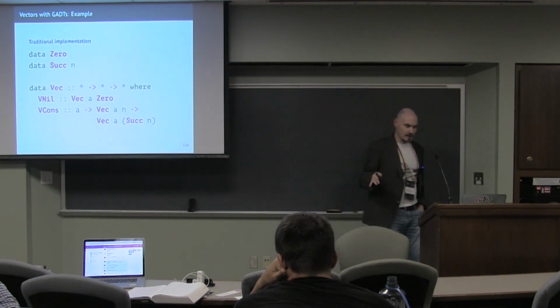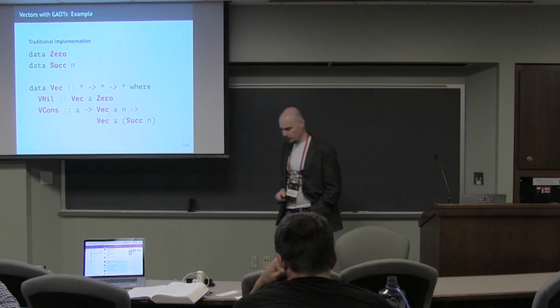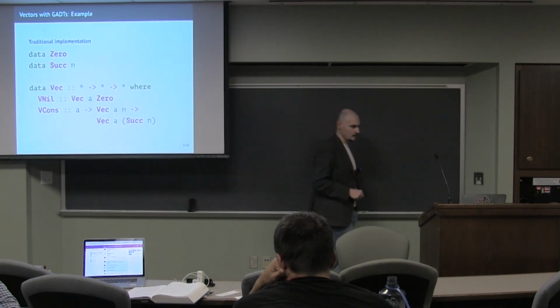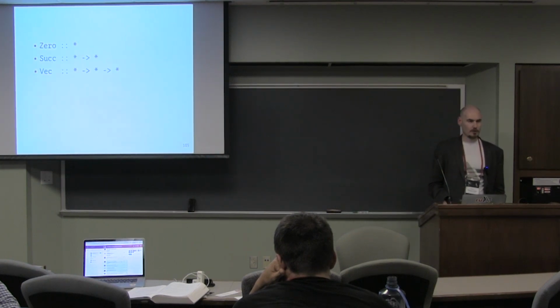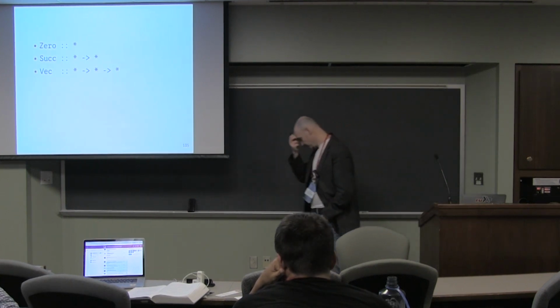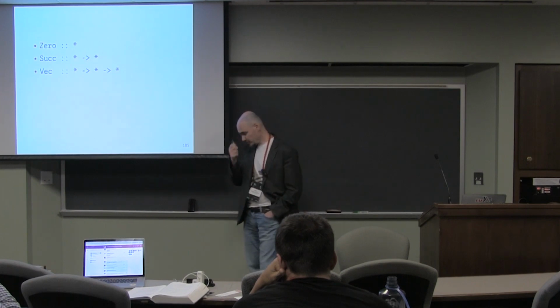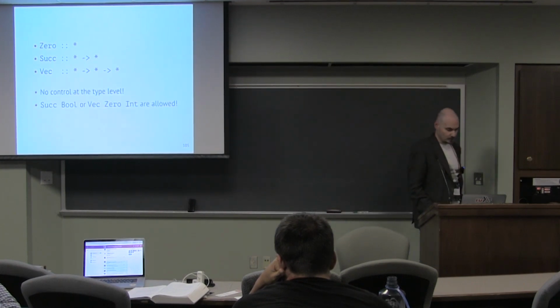So this is a very old example. It has been 10 years since the introduction of generalized algebraic data types. But what do we know about 0, suc, and vector? They have these kinds. And the problem is that these kinds are not controlled.